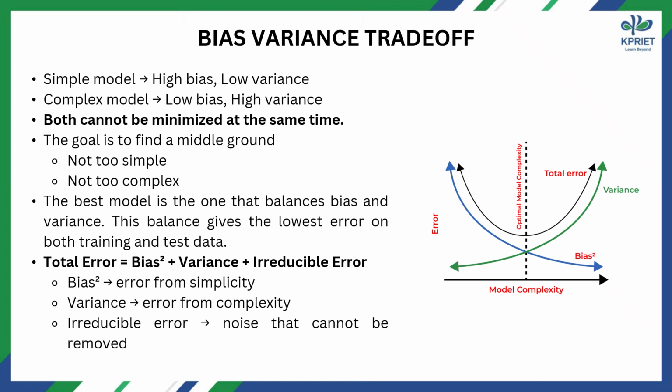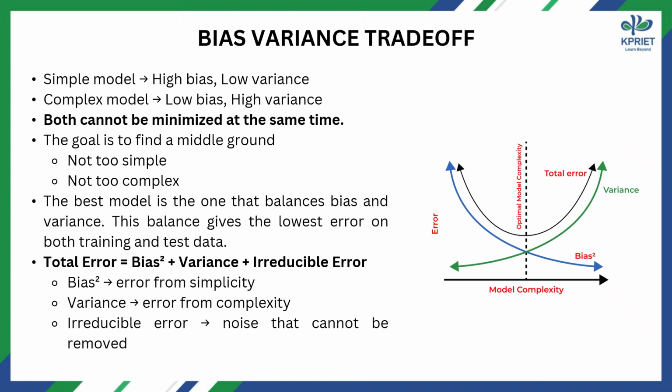This is the diagrammatic representation of model complexity versus total error, showing variance, bias squared, and error. A simple model has high bias and low variance. A complex model has low bias and high variance. Both cannot be minimized at the same time. The goal is to find a middle ground, not too simple, not too complex.